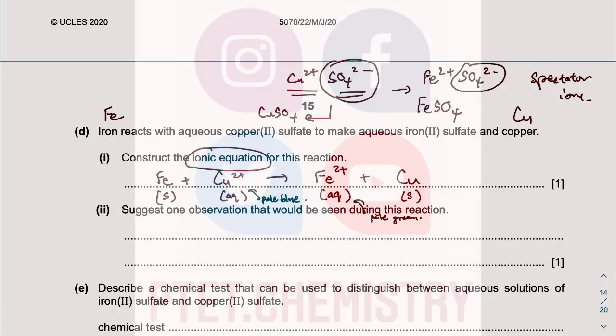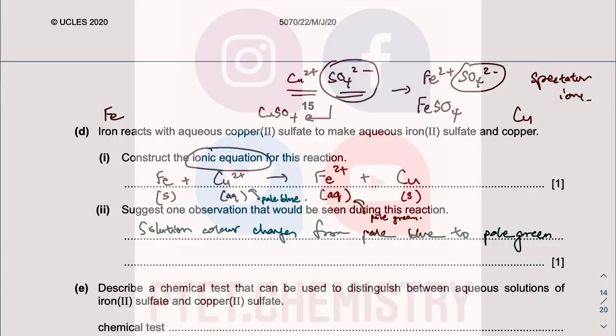Okay, so what happened is you will see the solution color changes from pale blue to kind of colorless or pale green, but so pale green, not a precipitate, yeah. This is not a dirty green. This is not in hydroxide.